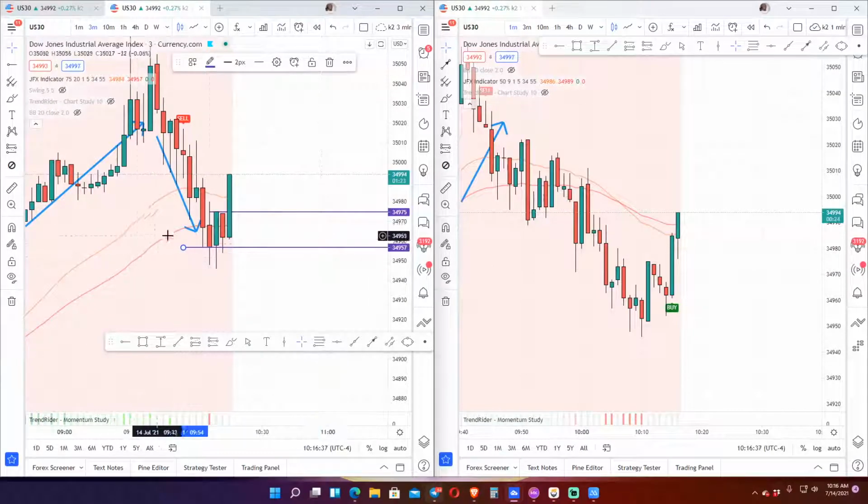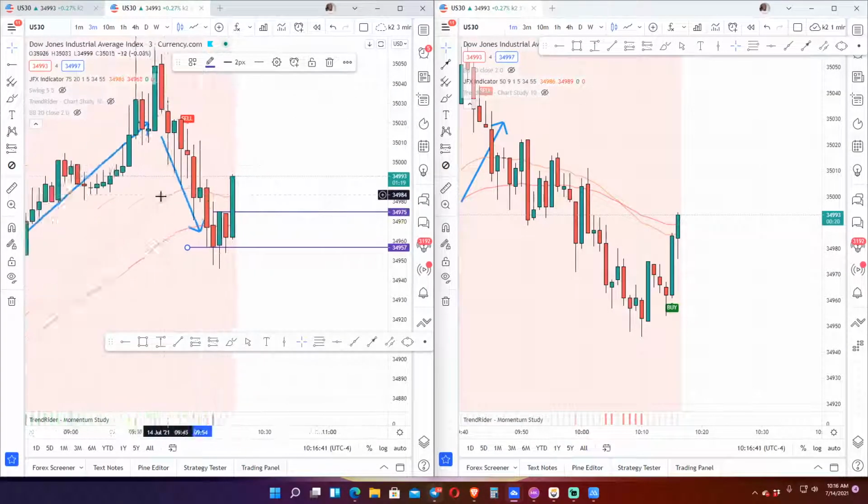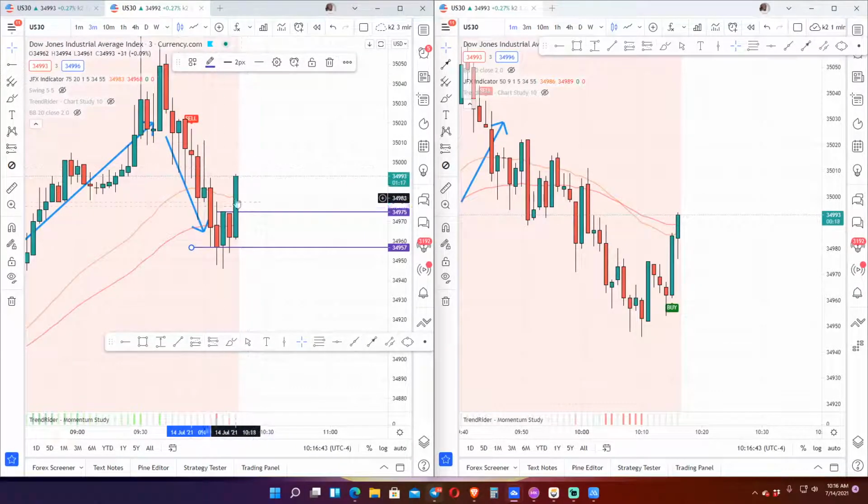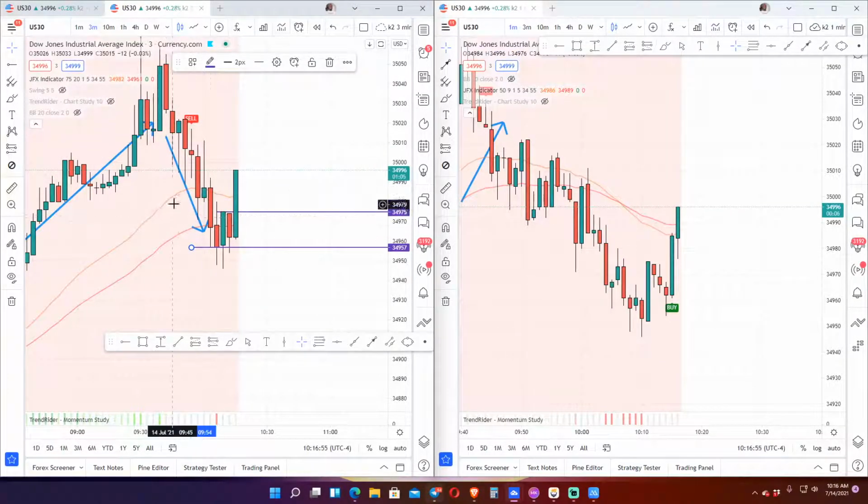And so as you can see now, price is just shooting up. Now on the 3 minute, if this closes with a buy, then I'm gonna definitely hop into this trade, because price is gonna close above these two pivots here.